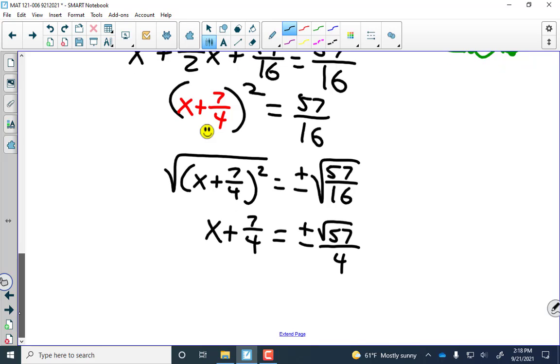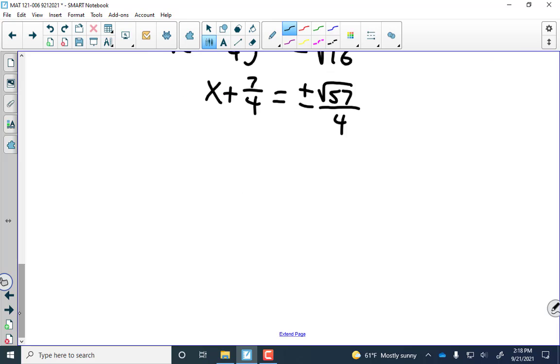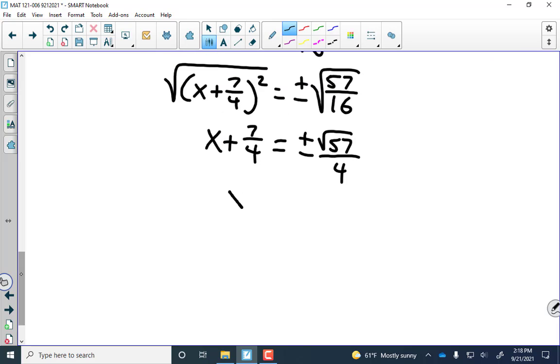What's our last step going to be to get x by itself? Subtract 7/4. Now, if you used the quadratic formula, you could get this answer. The quadratic formula, though, is going to require a lot more simplifying, where you're kind of on your own to simplify, and you don't have these steps to follow. So I think this is actually easier, because it's a technique, not a formula.